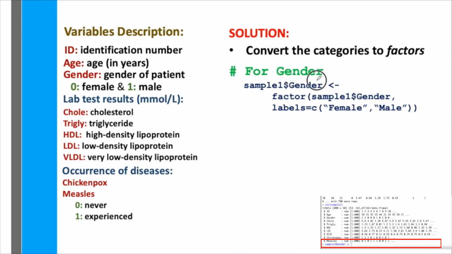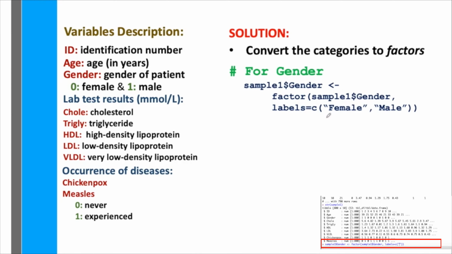Again, the variable gender, which is in the sample1, so note that the file name or the object name and then $, and then the variable name will be converted to a factor or categorical variable under the same name with labels female and male.